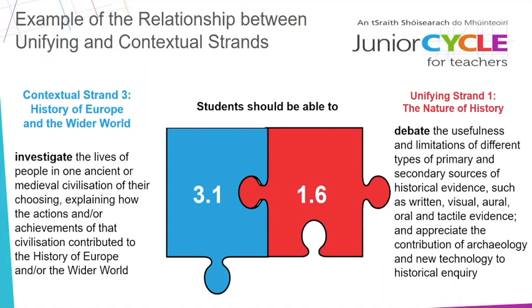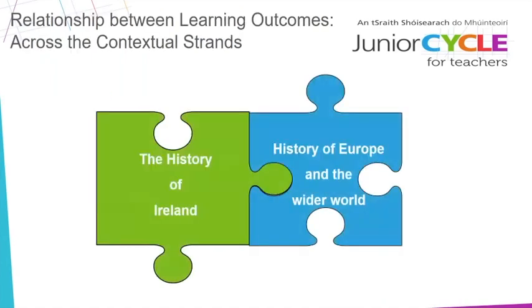Now let's look at the relationship between learning outcomes across the contextual strands. The learning outcomes in the contextual strands, the history of Ireland and the history of Europe and the wider world, have a strong relationship. The learning outcomes from one strand are often mirrored in the other strand, demonstrating to the learner the interconnected nature of history.